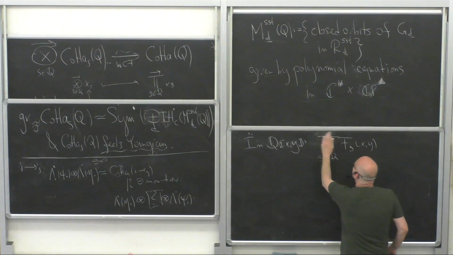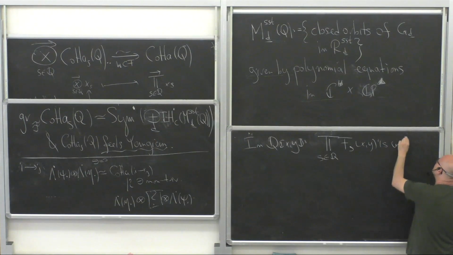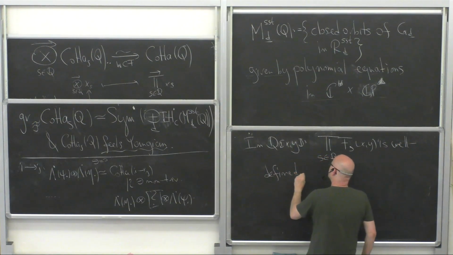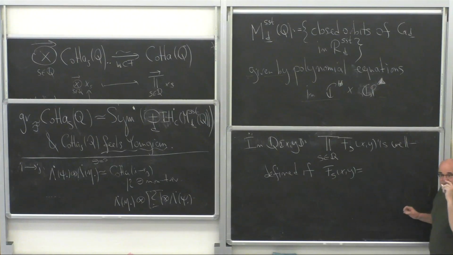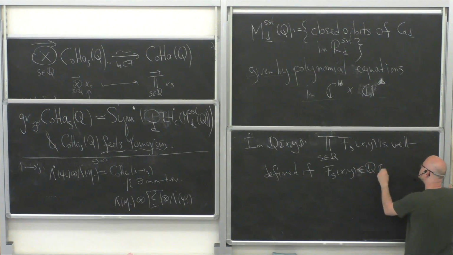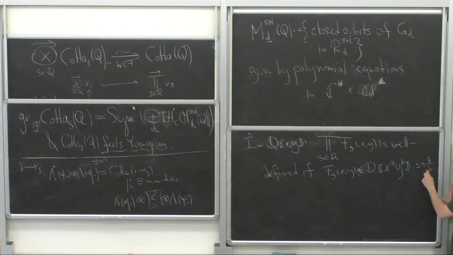Now we don't need the ordering because this is commutative. It is well defined if any of these series Fs of X, Y is a series starting with constant term 1, and it is a series containing only terms x to the a, y to the b, where the slope, which is irrational, is written as a by b.